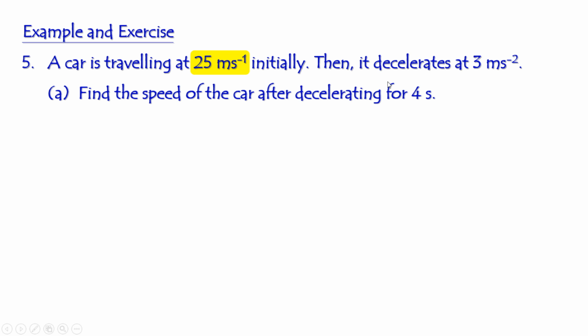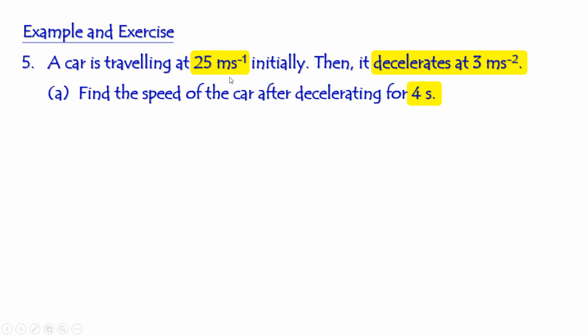And then it decelerates, don't forget this word, decelerates at 3 meters per second squared. Can you find out the speed of the car after decelerating for 4 seconds? So you have 3 terms. This one is the initial speed, this one is the deceleration, and the time taken is 4 seconds.